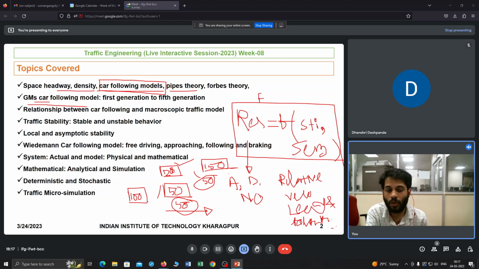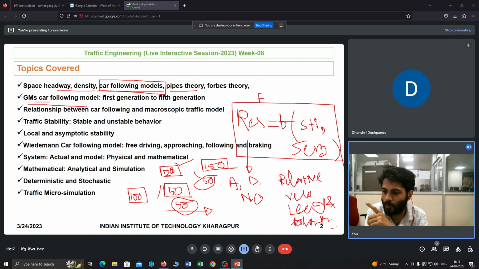So not only is relative velocity obviously important, but along with the relative velocity there could be some other factors that are also equally important, and those are integrated in this sensitivity factor. So what are those factors? Sensitivity in the case of General Motors car following model has two factors.